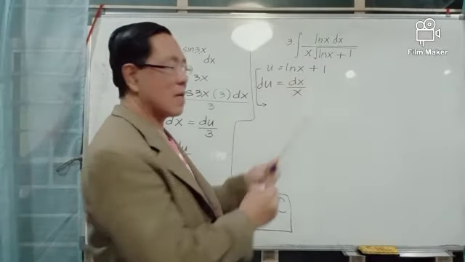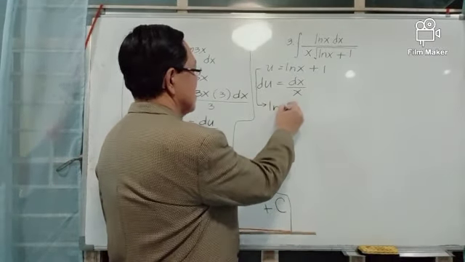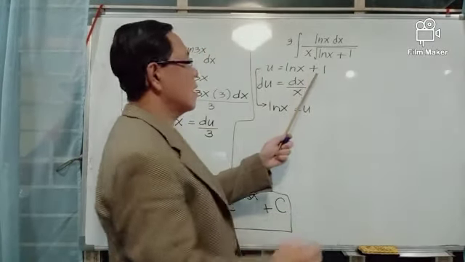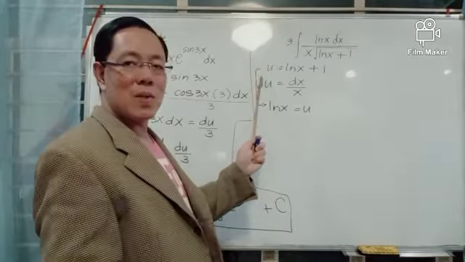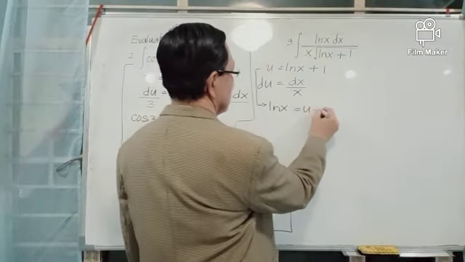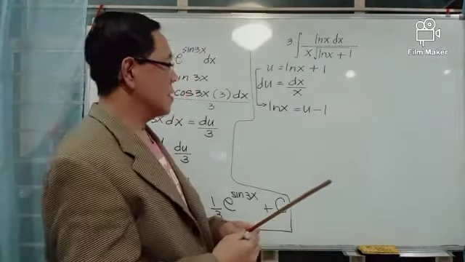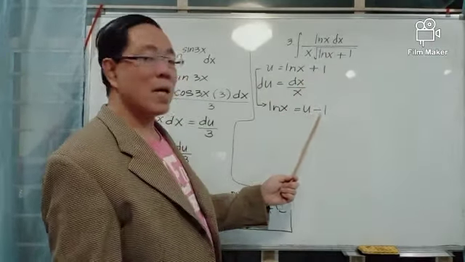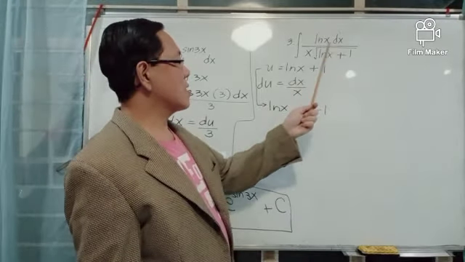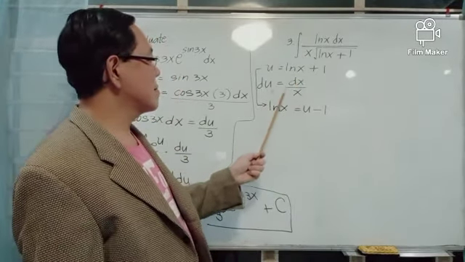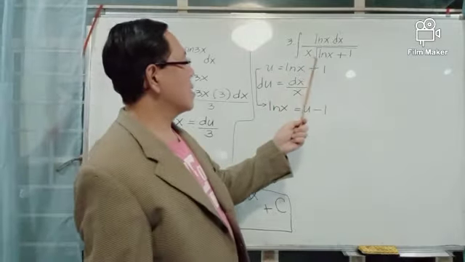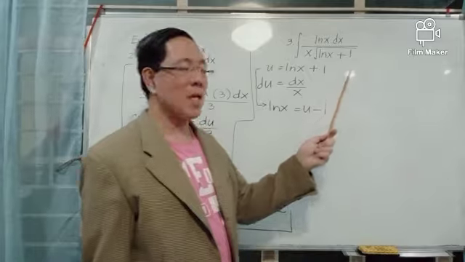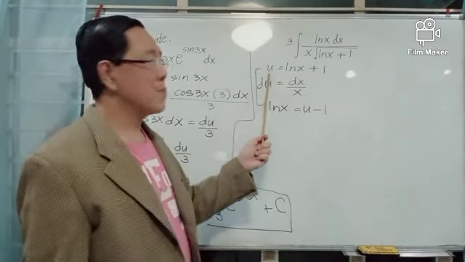Hence, ln of x is equal to u, and we transpose positive 1 to the other side, we get minus 1. In the given integral, we replace ln of x with u minus 1. We replace dx over x with du. And the radicand ln x plus 1 we replace with u.